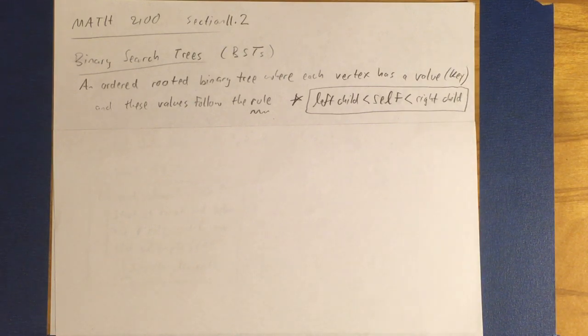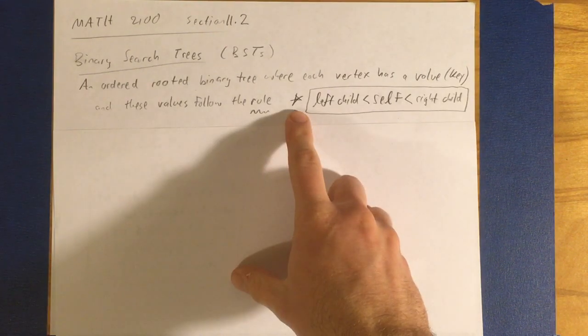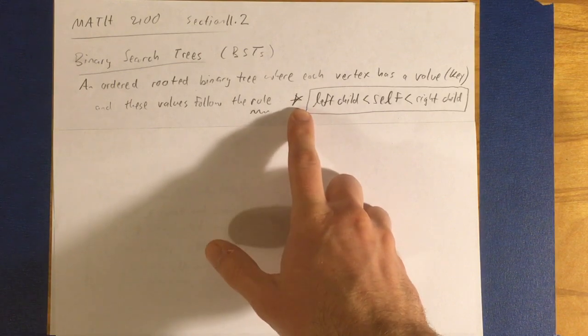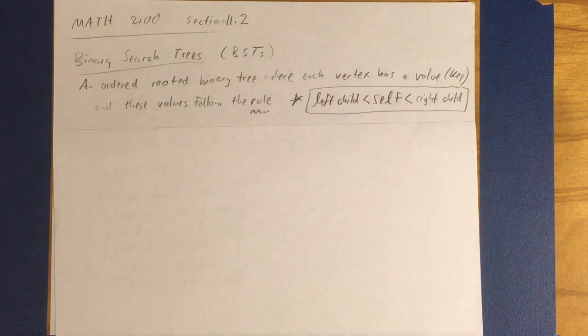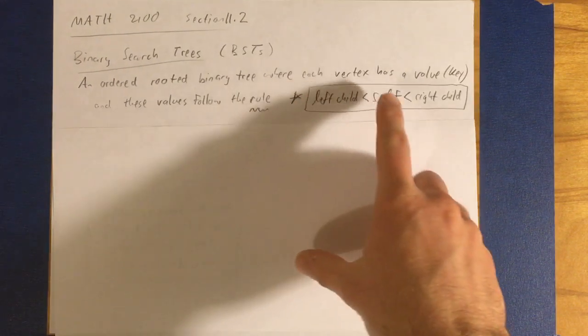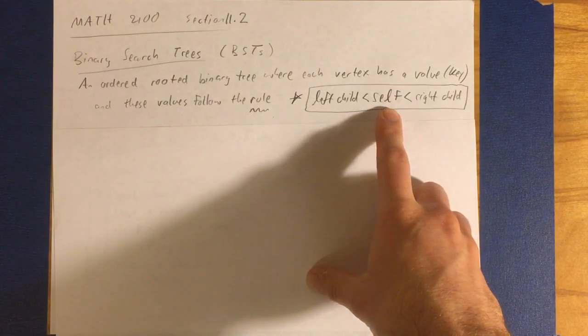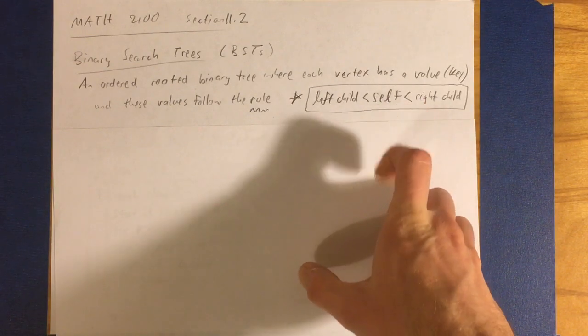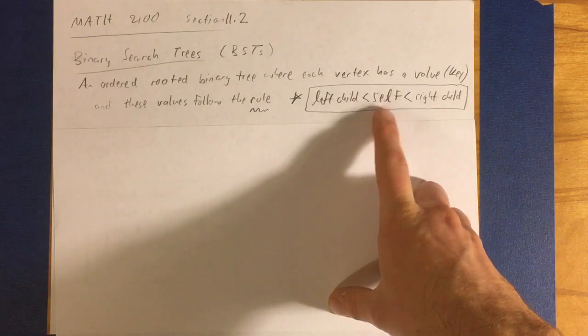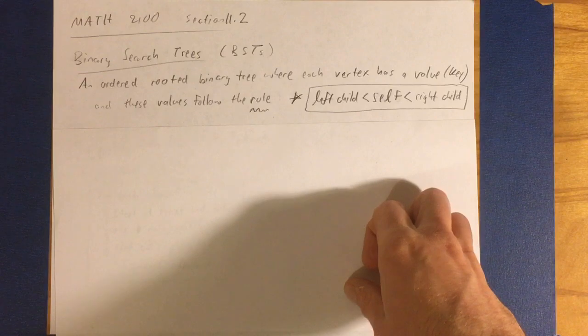It's usually going to be an element from a set that is being stored at that location in the structure, and these keys have to follow the rule, which I'm going to refer to as the star rule just for this lesson: the value of the left child must be less than the value of the vertex itself, which in turn must be less than the value of the right child. So left less than self less than right child. That's going to be our rule.